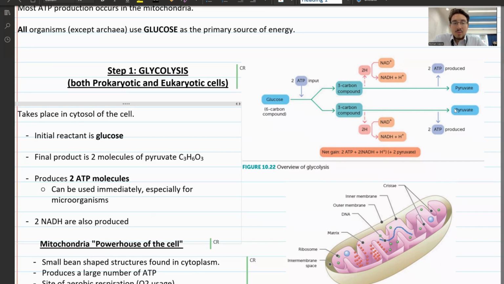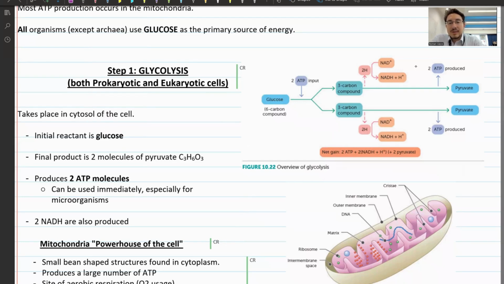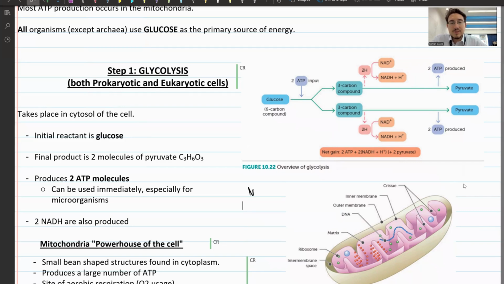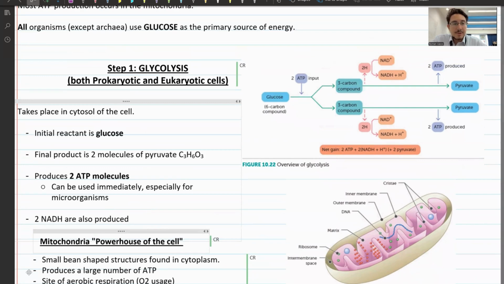Now, what is the net gain of this process? All right, let's take a look. What are the net products of this particular process? If you take a look at my notes here, it says the final product is two molecules of pyruvate.